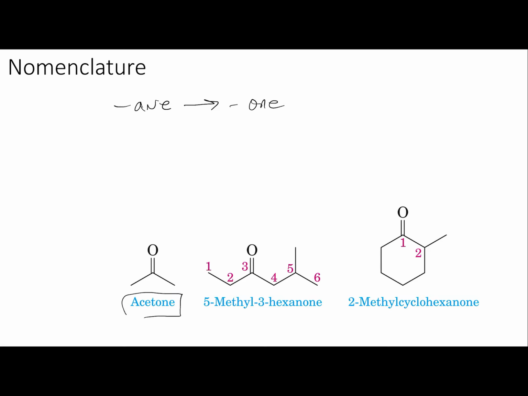But if we were naming this, we would go 1, 2, 3. So this is propane becoming propanone. We're changing the E from the -ane to -one. So it's just the E becoming the -one, because we don't say, for example, butane becomes butone.